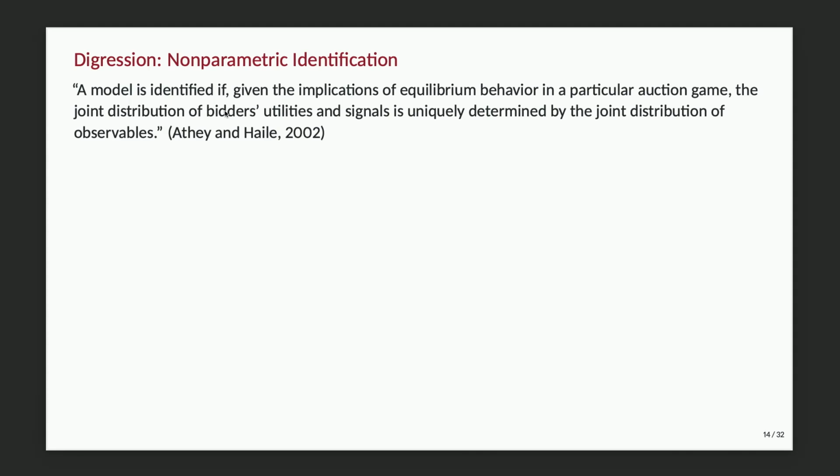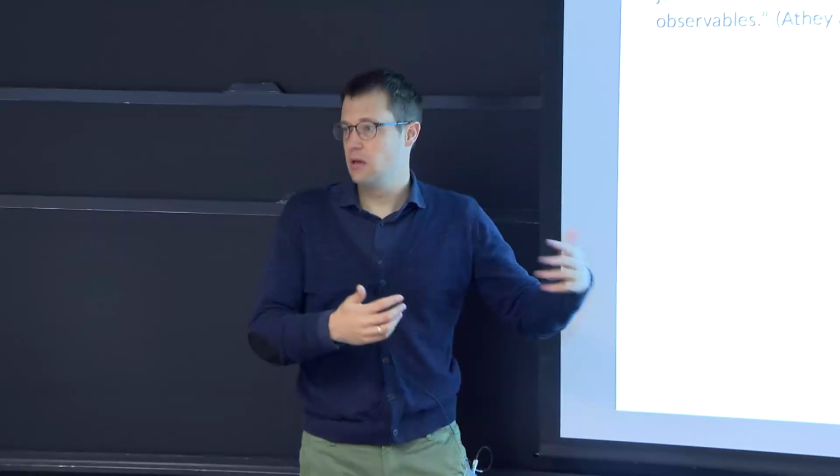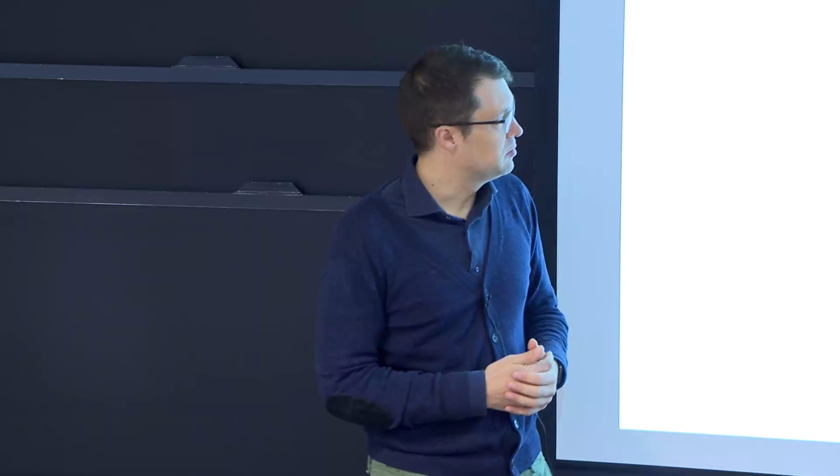Given that, a model is identified if the joint distribution of bidder utilities and signals is uniquely determined by the joint distribution of things that I observe. Things that I observe are typically bids, or bids and entry behavior, or in some settings, bids and, let's say, whether I'm drilling this oil field after the auction or not. So things that are observable to the researcher.